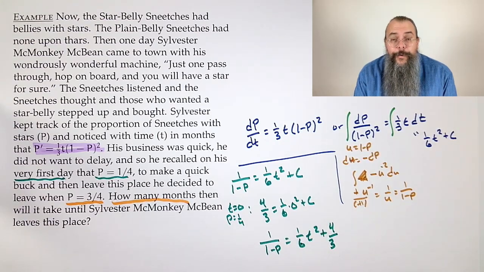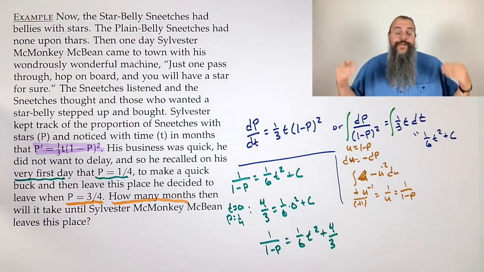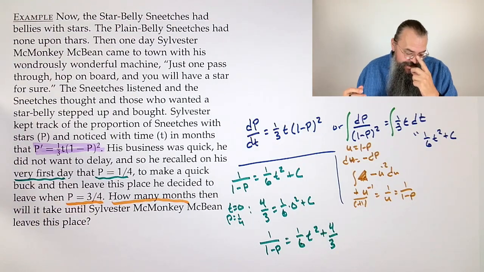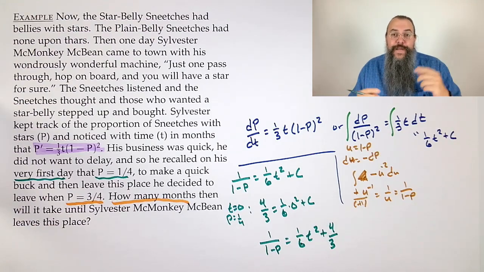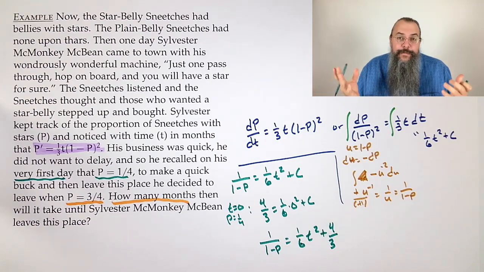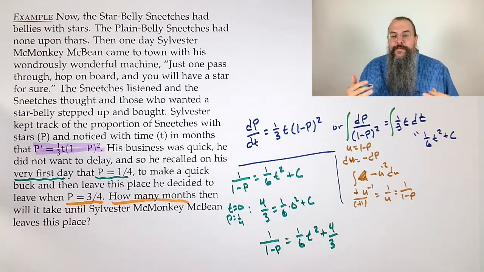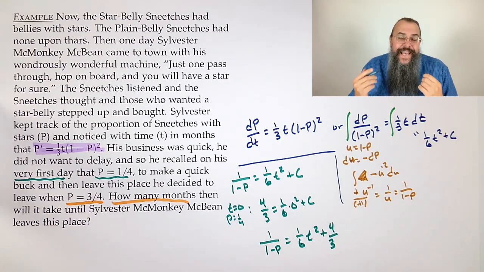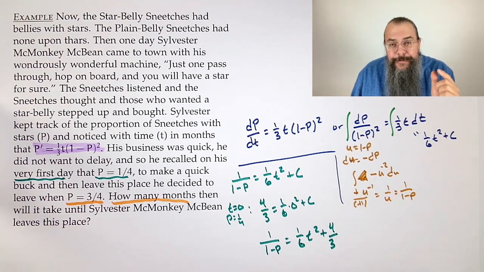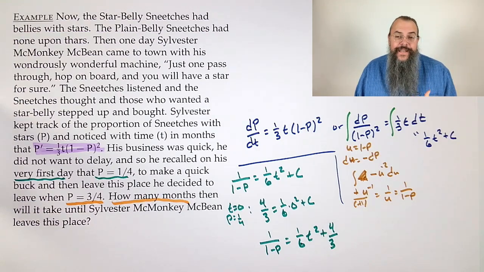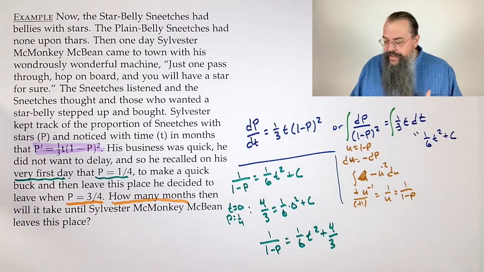Well, what to do next? Now, the tempting thing, which we're not going to do, is to say, hey, let's solve for p. Seems very logical, because that seems to always be the case. But we don't have to actually solve for p. What do we have to solve for? What is it we're after? And if we can understand that, that helps give us insight into what we're allowed to do and what we're not allowed to do.